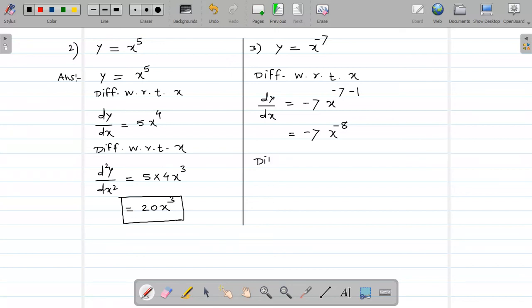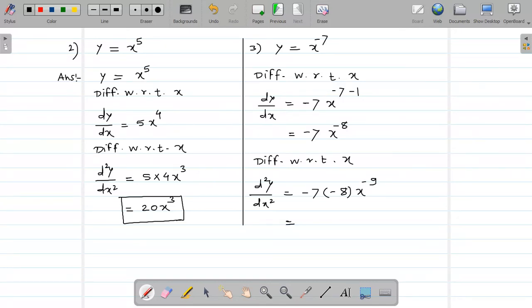And again if you differentiate this with respect to x, then you will get the second order derivative, that is d square y upon dx square. Now how will you differentiate this? Minus 7 keep as it is, and again you can apply x raised to n rule here. So you will get minus 8 into x raised to minus 8 minus 1, that is minus 9.